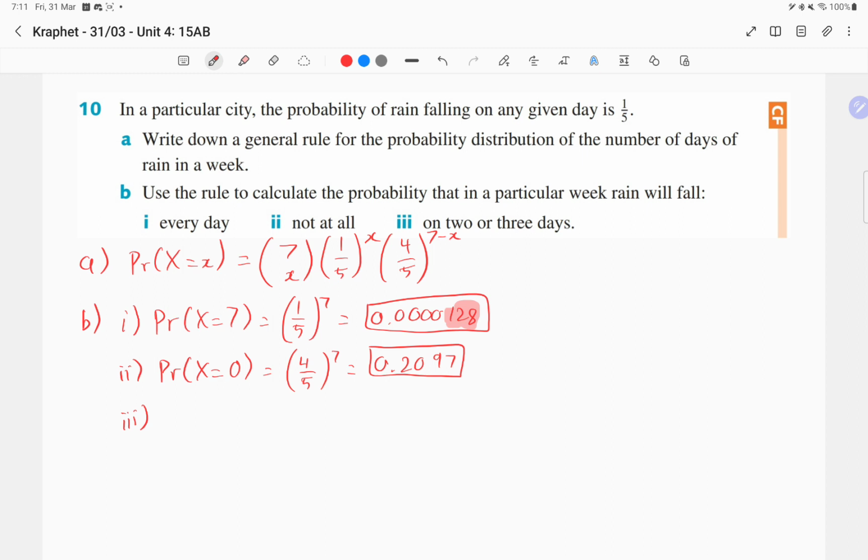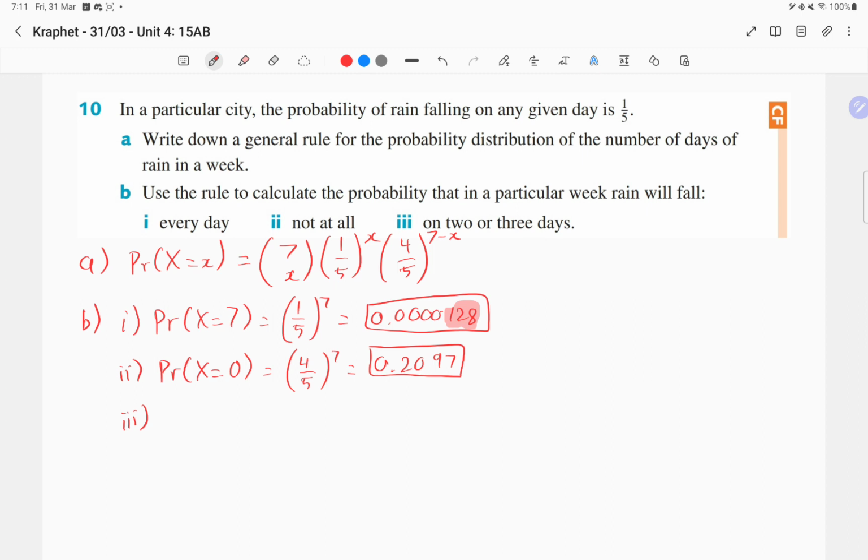The third one, B3, is the slightly different one. On 2 or 3 days.